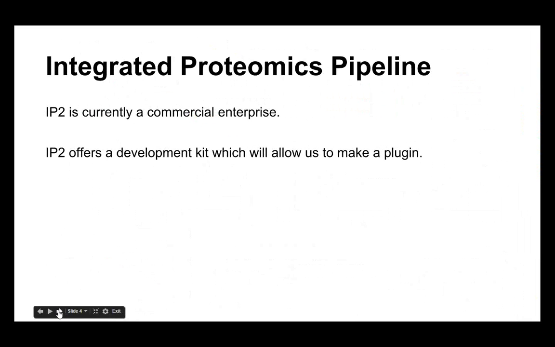They have a development kit which lets users make a plugin. So this is probably the most straightforward collaboration we could do. It would be nice if users could upload their data, and as soon as the search engine results are done, they could start quantifying their turnover rates with ProTurn if they uploaded a whole series. That would be helpful, definitely.